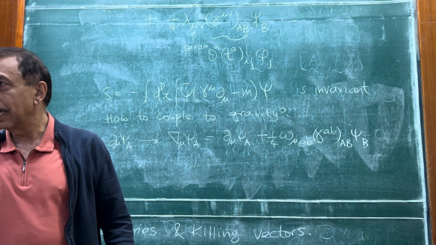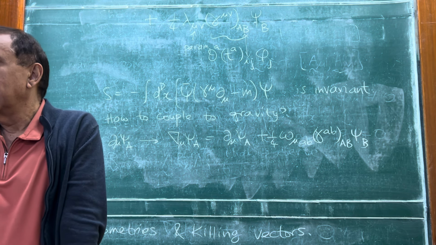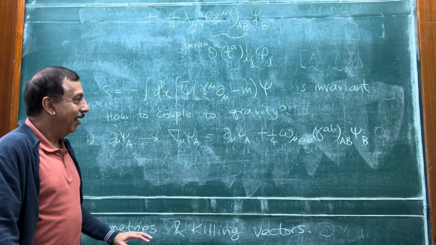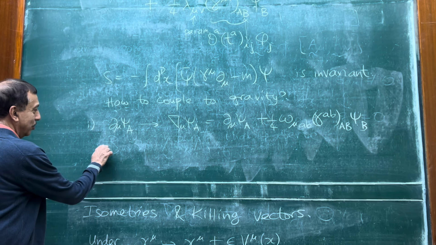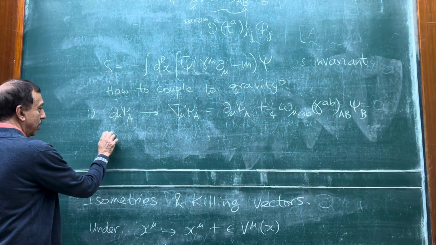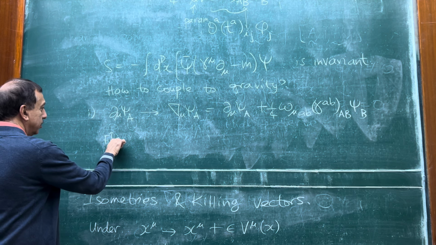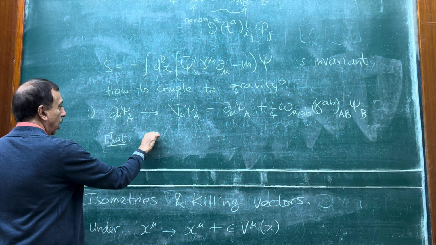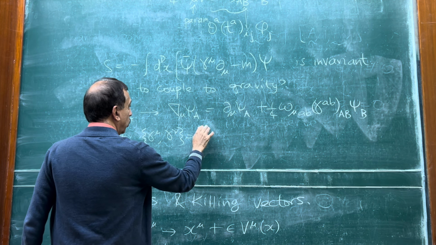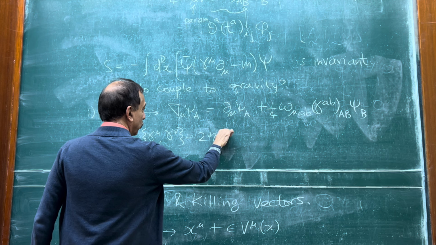So this gamma AB is obtained by contracting with the frame fields? Actually, no. Good question. This is the fundamental one, because what was the definition of gammas in flat space? You remember that in flat space we had gamma mu, gamma nu, and the anticommutator is 2 eta mu nu.